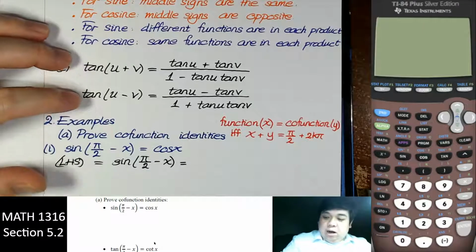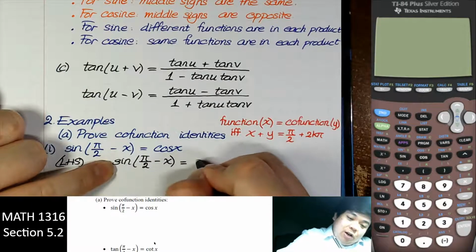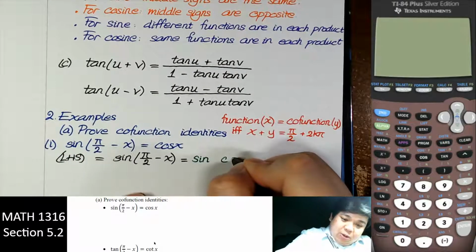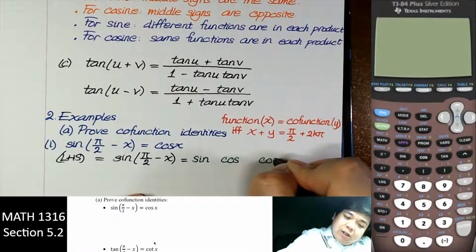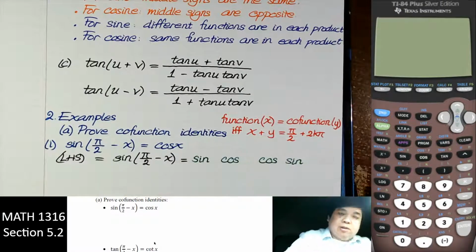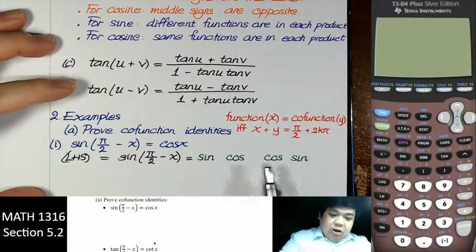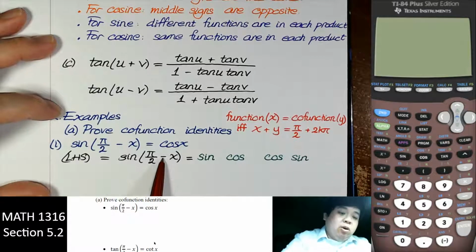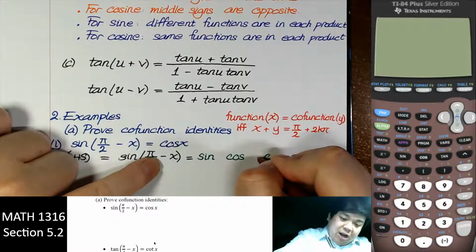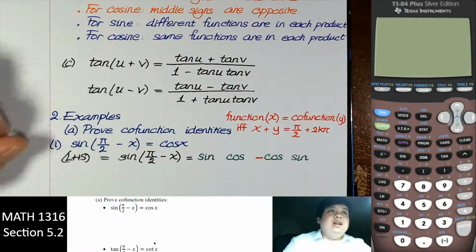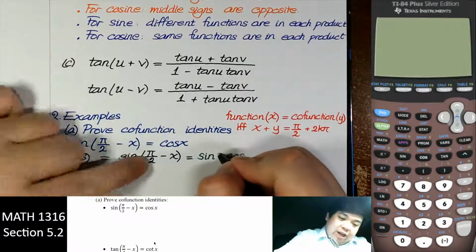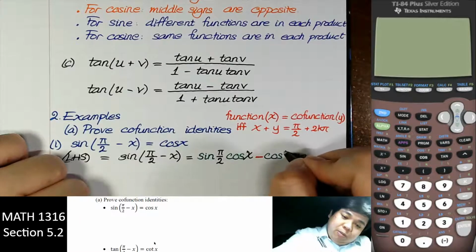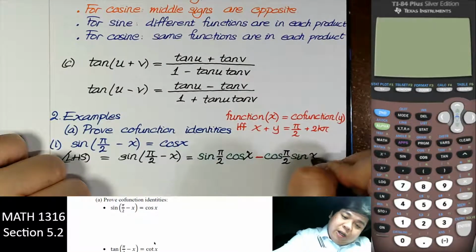So from here, the functions are going to be different: sine and cosine, and sine. Next, the sign in the middle for sine is going to be the same, so we're going to have minus. And then we just have two angles, pi over 2 and x.